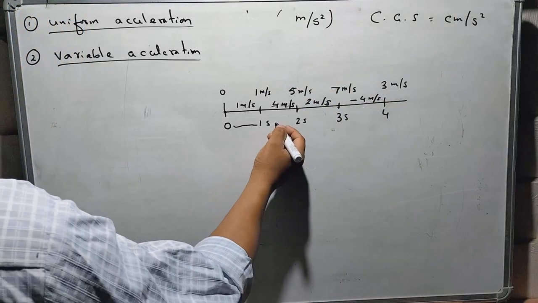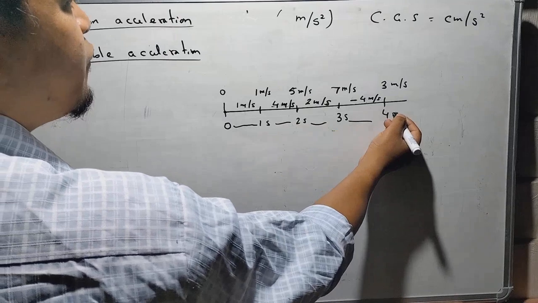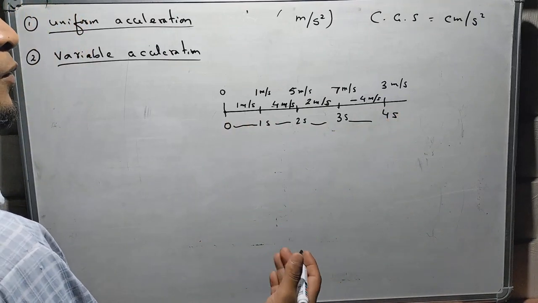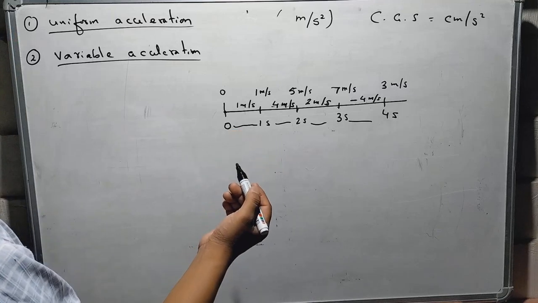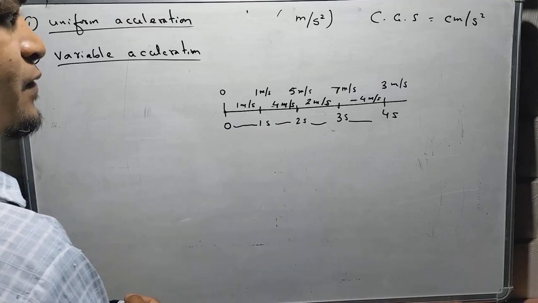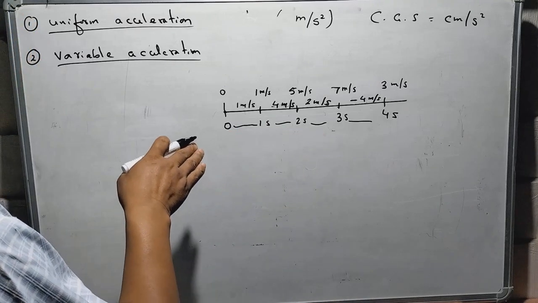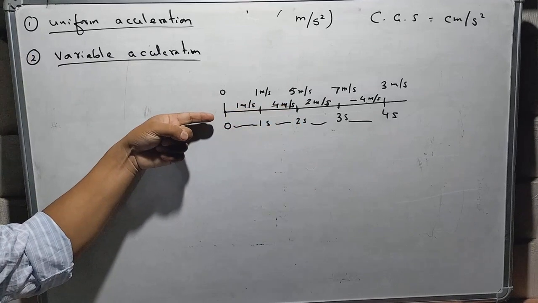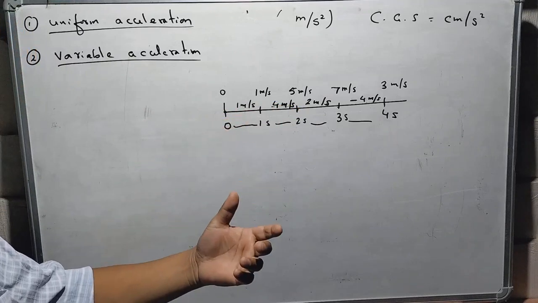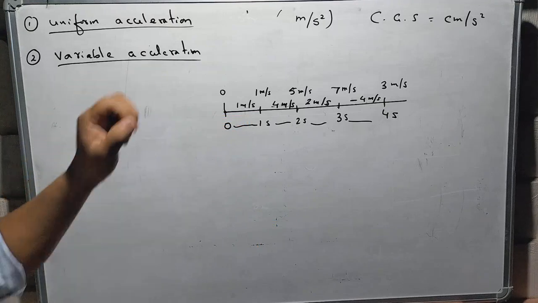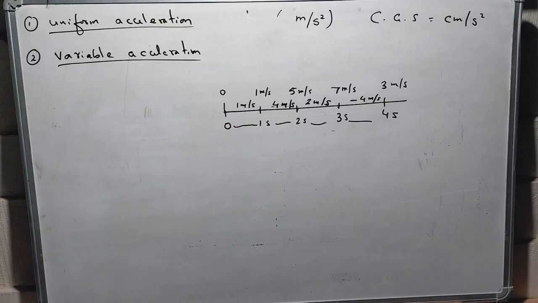So in every 1 second, you find that the velocity is changing by a different value, not by an equal amount in equal intervals of time. When this body is moving, it is accelerated because the velocity is changing, but the type of acceleration in this case is variable acceleration.